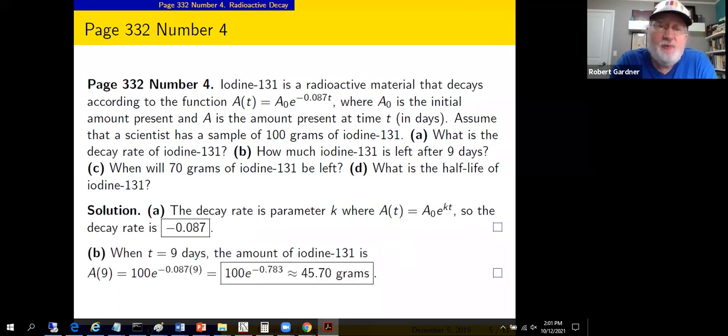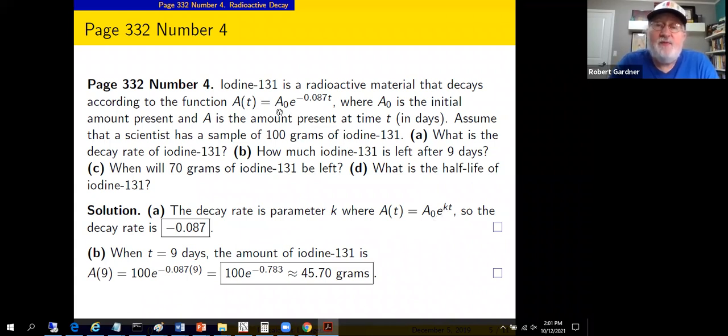They want to know what happens when we plug in 9. We were told up here that we started with 100 grams, so the A sub 0 parameter is 100. Now the model becomes A of t equals 100 e to the negative 0.087 t. So we know what A sub 0 and k are.